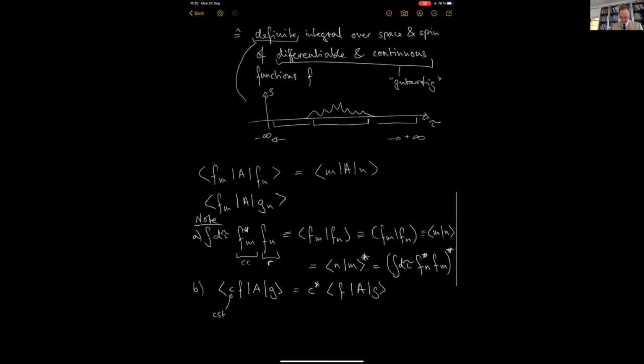Similarly, if you have this situation that C is in front of G, then it is in front of the real part. So when you pull it out in front of the integral, there's just a real constant C and not its complex conjugate.